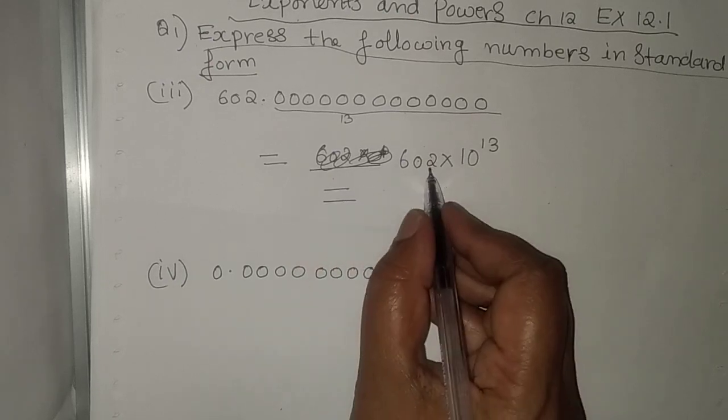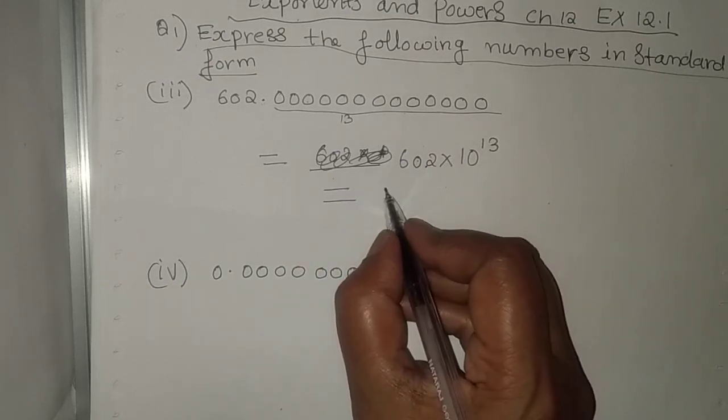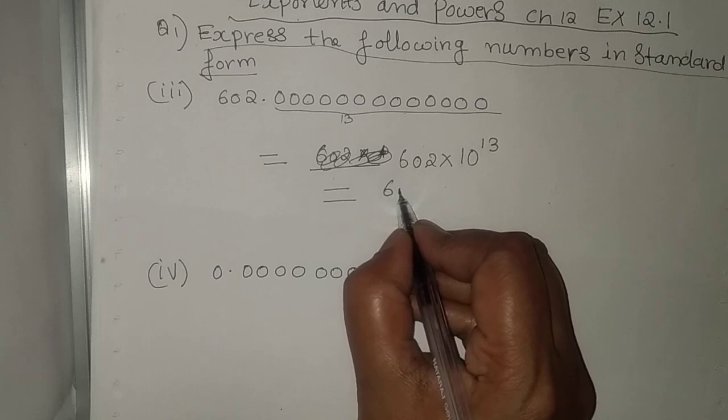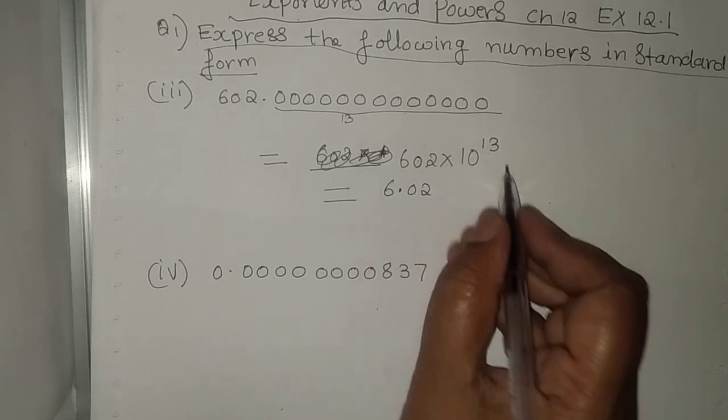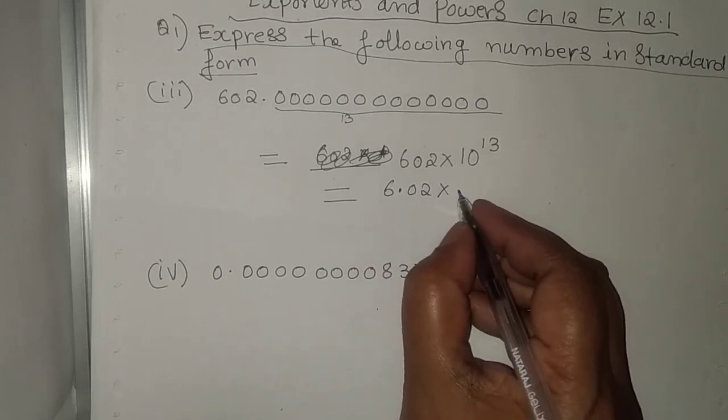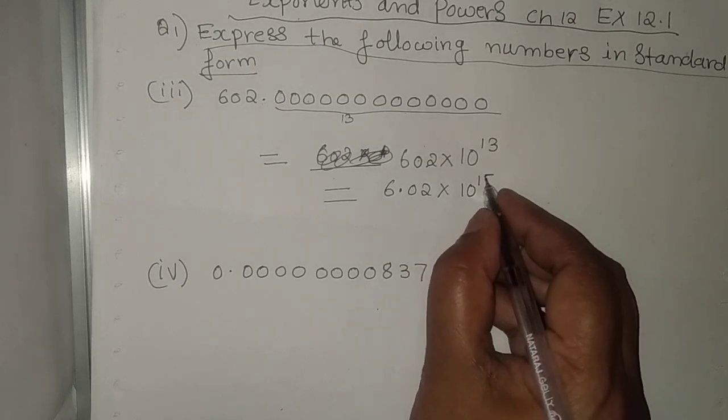Since we have to write it in the decimal form, we write the decimal point as 6.02. Here we have 2 power, we have to include. That's all, 10 power 2.